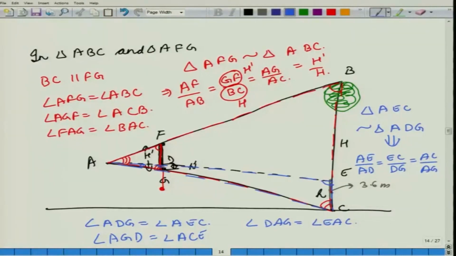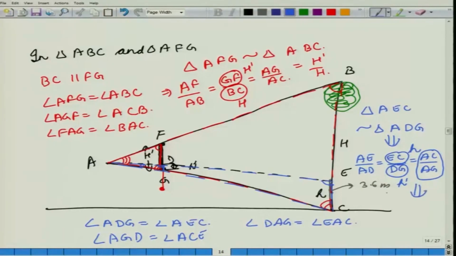Now, here we have that DG is equal to small h prime, or this part of the hypsometer that is being subtended by the staff. EC is the height of the staff, which is normally taken to be 3.6 meters, is equal to AC upon AG.